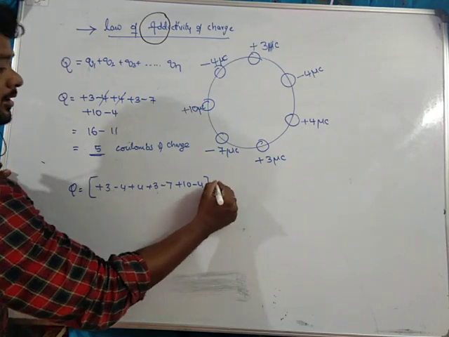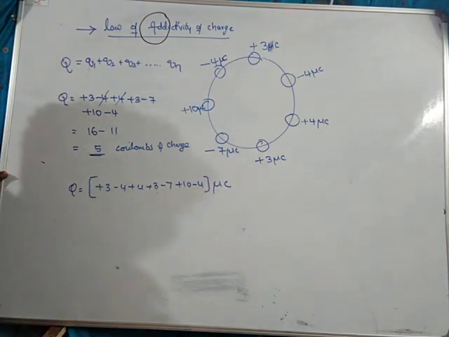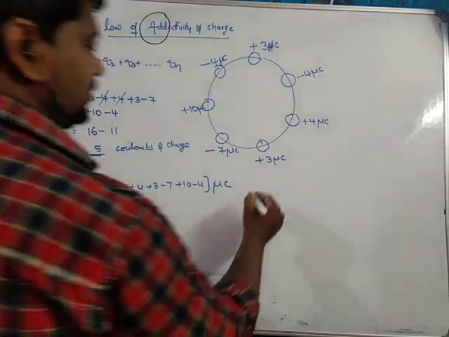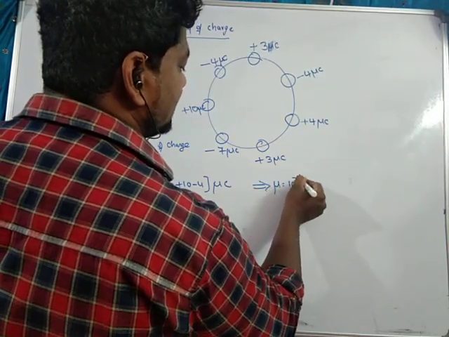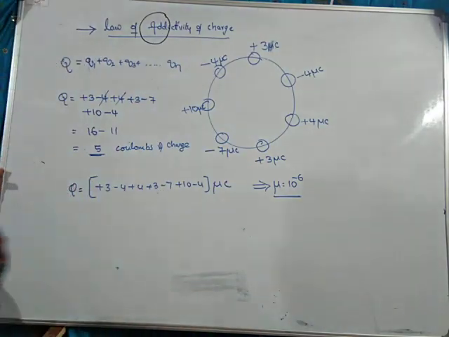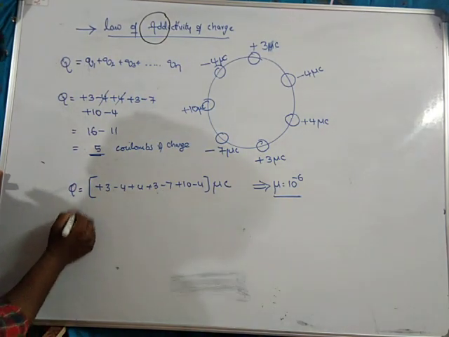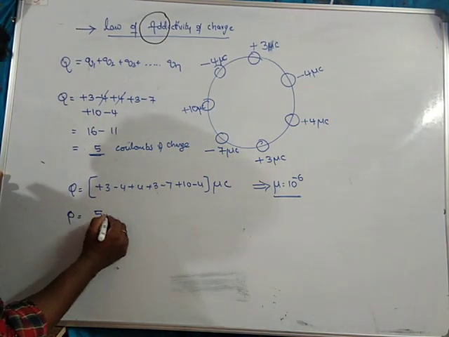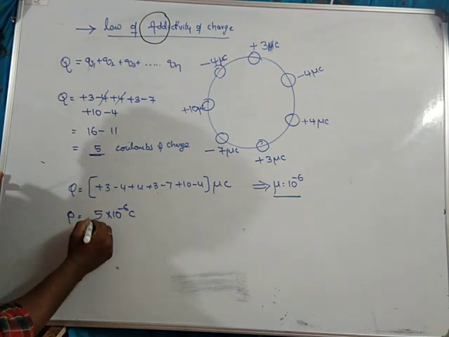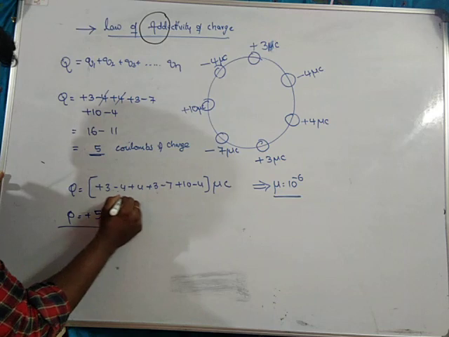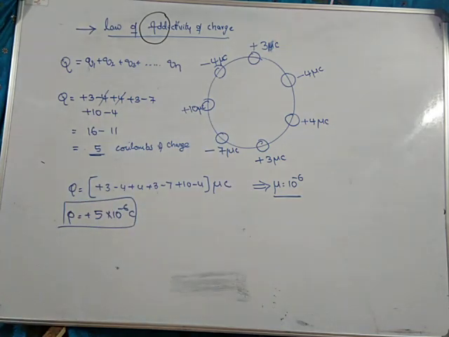All have a common term of microcoulomb. Micro is nothing but 10 to the power of minus 6. So Q is equal to 5, already calculated, times 10 to the power of minus 6 coulombs with a positive sign. This is the additivity of charge.